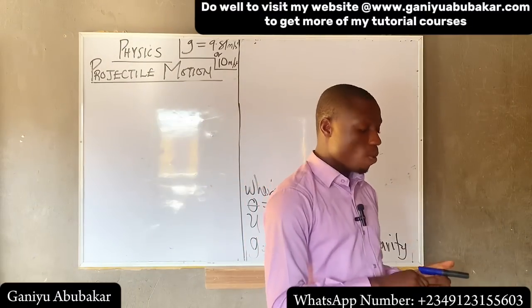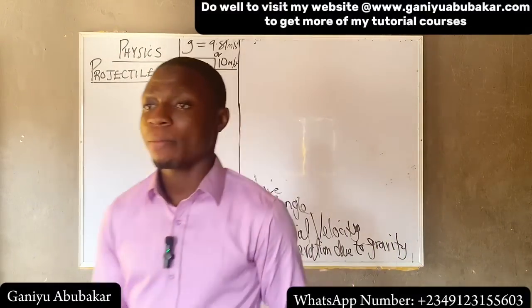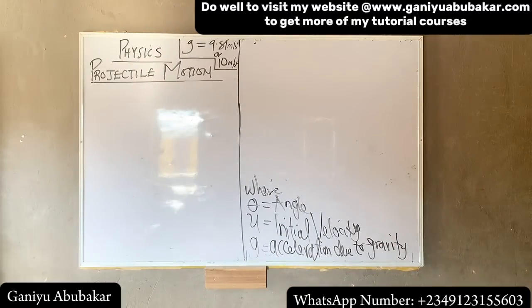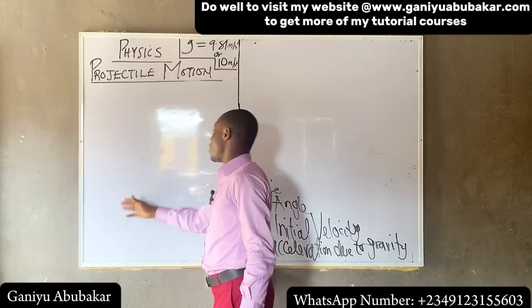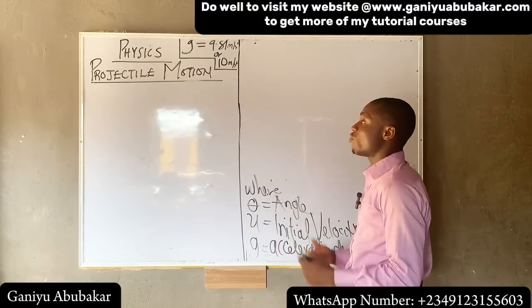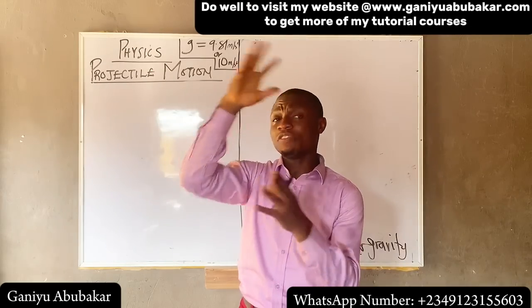Number 4: range. So all those things I gave you, like time of flight, maximum height, range, we're looking for them with this question. To save time, I'll just pick a question and solve everything there.